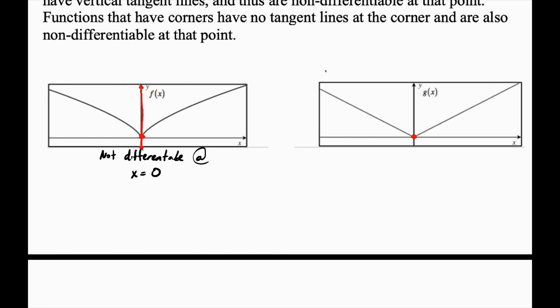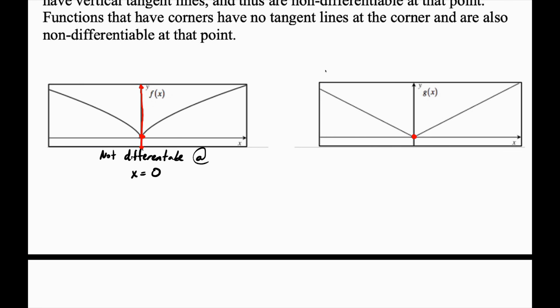How can I tell which one? A cusp point or a corner? Yeah, exactly. You can tell because for it to be a line, it has to be linear.